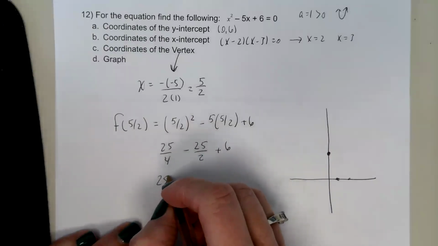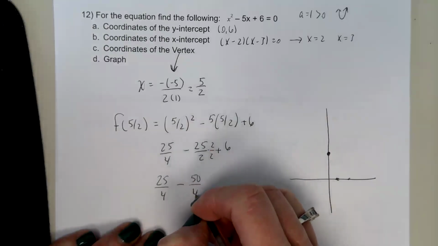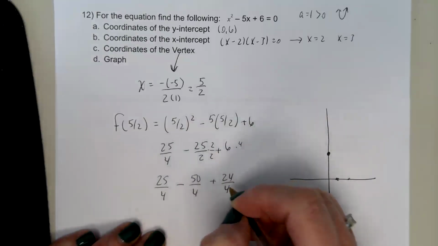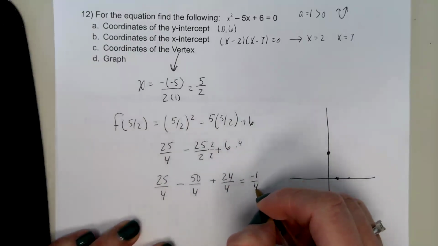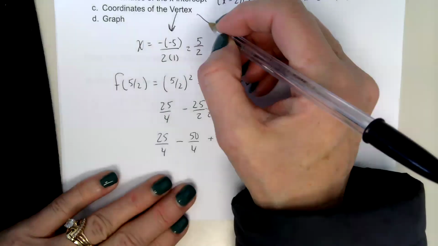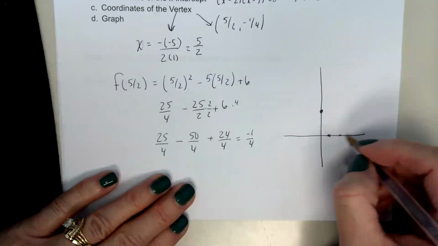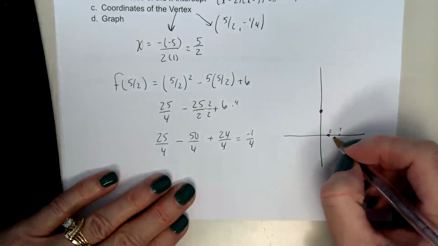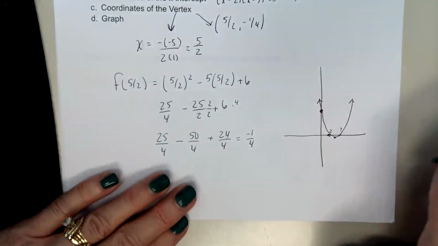So that's going to be 25 fourths. I'm going to multiply this by 2 over 2, so that's 50 fourths. I'm going to multiply this by 4, so that's 24 fourths. And then when I add these together, I come up with negative 1/4. So my vertex is at 5 halves comma negative 1/4. So it's 2.5, right between 2 and 3, and it's right here. And that's the graph.